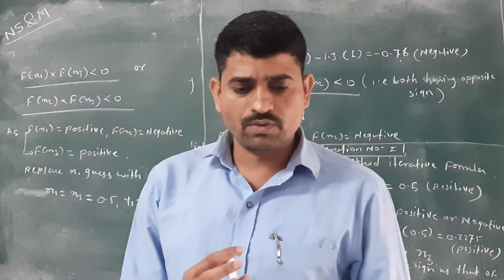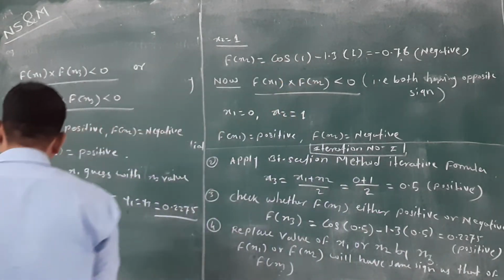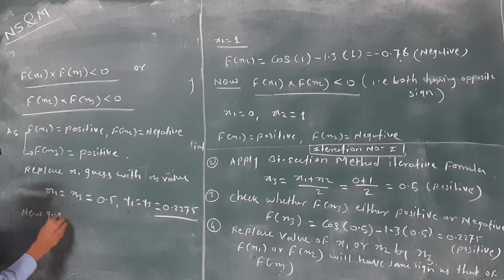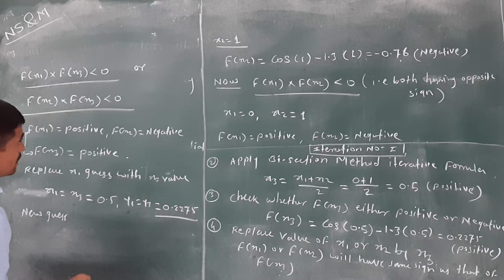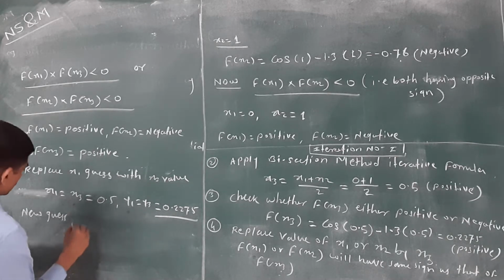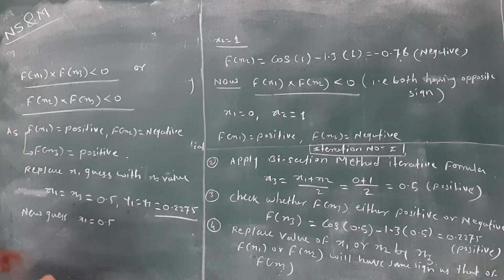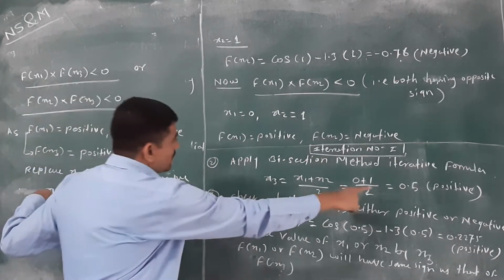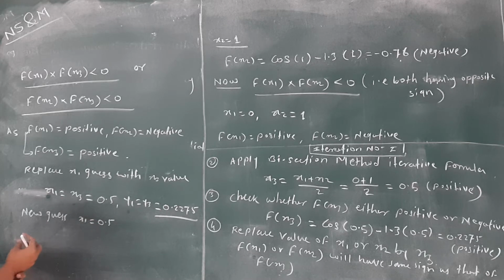Once you have calculated that, we will get the new guess: x1 is equal to 0.5, because we have replaced x1 by x3.